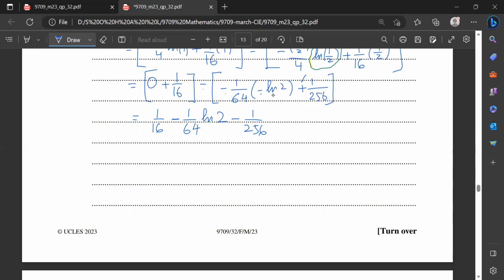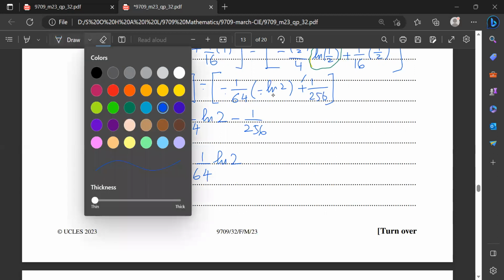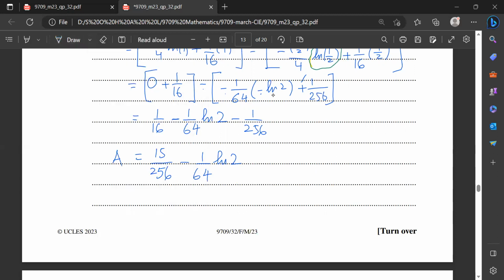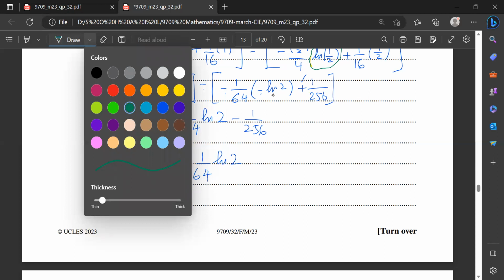So 1 over 16 minus 1 over 256, and this is 15 over 256, minus 1 over 64 natural log of 2, is the required area shown in the diagram. This is the required area.